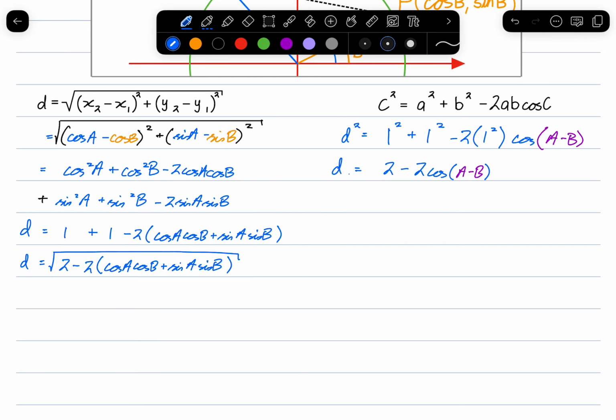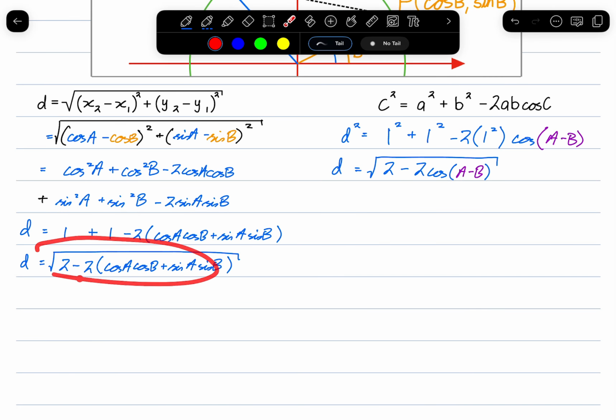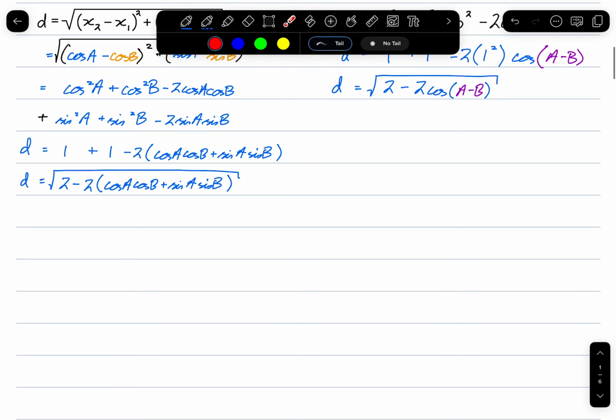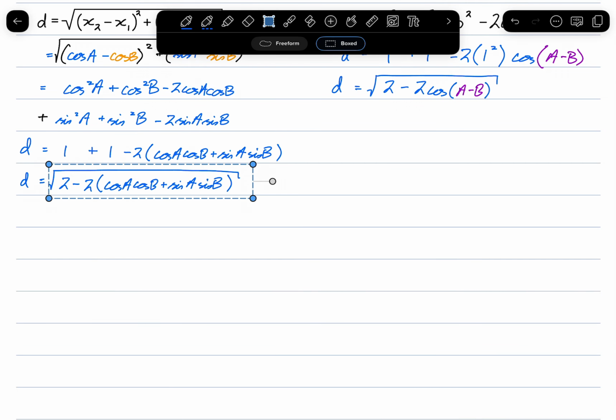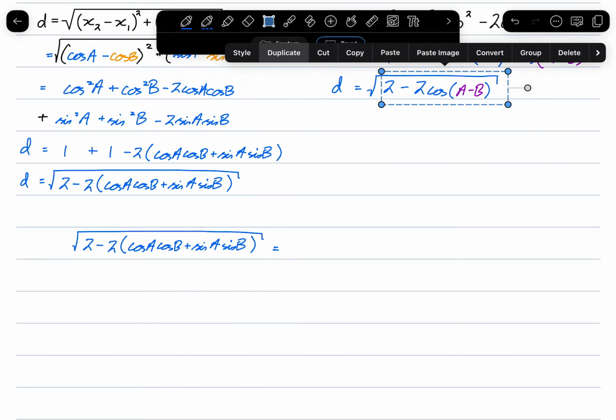And this one, we're going to take the square root as well. What I'm going to say now is that these two have to be the same because they're both calculating the distance d. So we're going to equate these two expressions together. So this must equal this one.